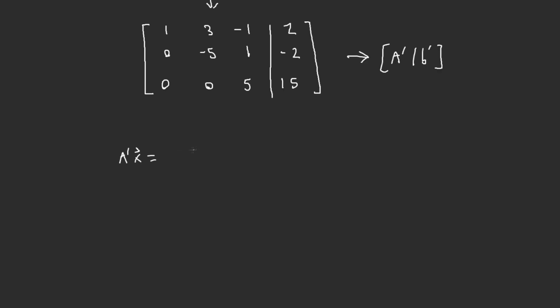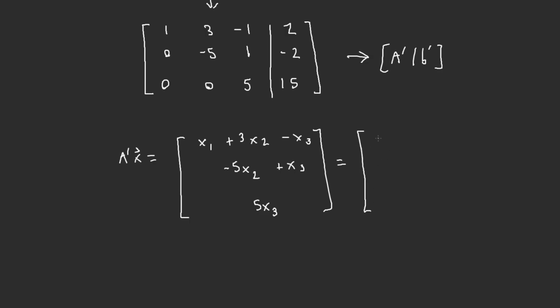And so that's going to equal a vector with 3 components. The first one is x1 plus 3x2 minus x3. The next one is -5x2 plus x3. And the last one is 5x3. And we're going to make the claim that this vector equals our right-hand side, our b vector, which has now changed. It's b prime. It's going to be 2, -2, and 15.